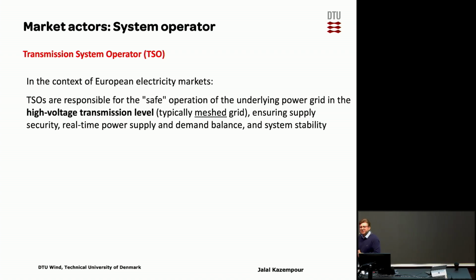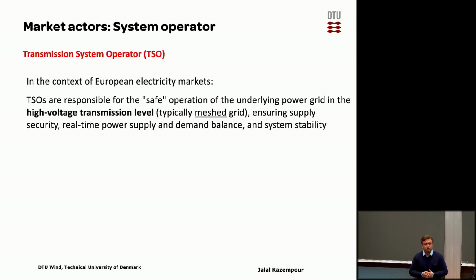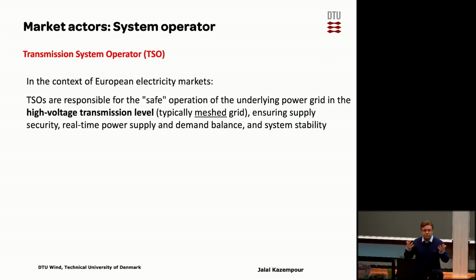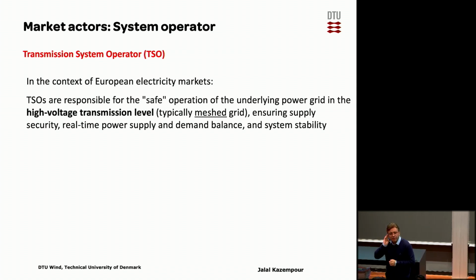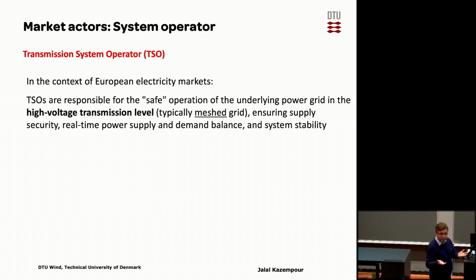When we talk about system stability, I don't know if you had any pure power system course, but can you remind me of some types of stability that we have to take care of in power systems? Yes. So balance, there should be a balance between supply and demand.